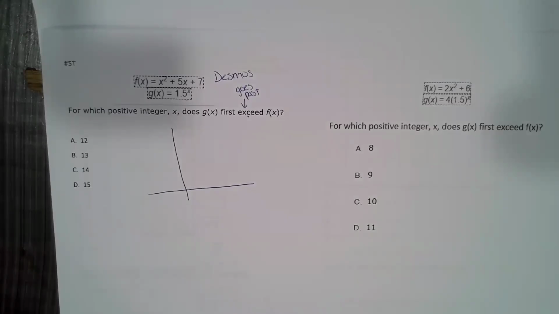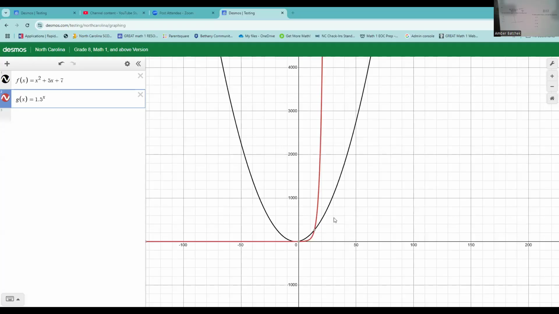Let's go back and take another look at this. Okay, so right here, we want to be able to draw this accurately. So what we're going to do is we're going to look at that and we're going to draw our quadratic. And then we're going to draw our exponential.